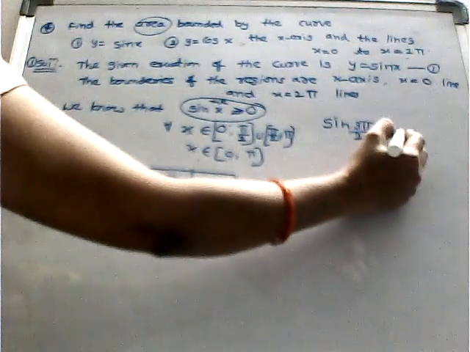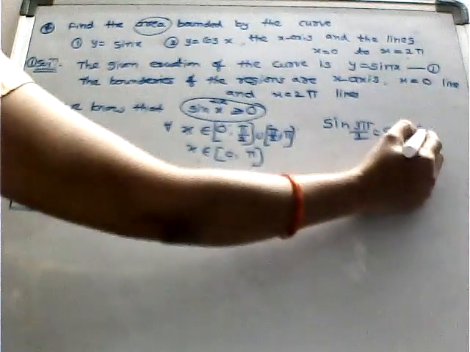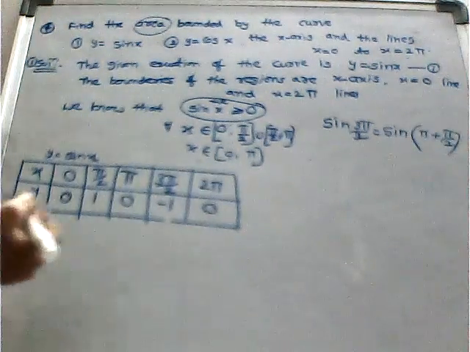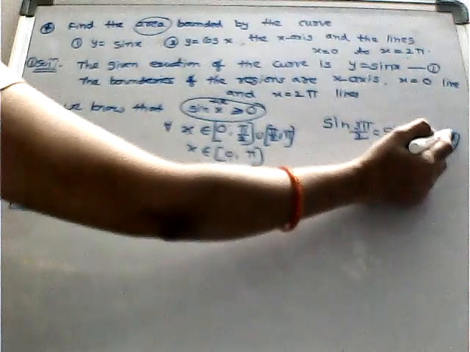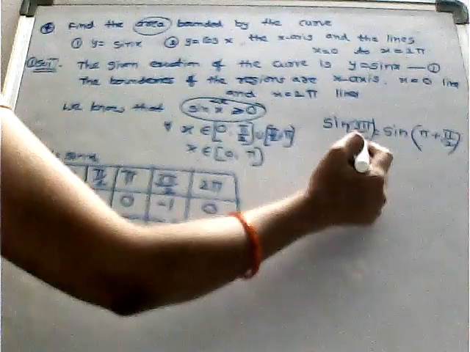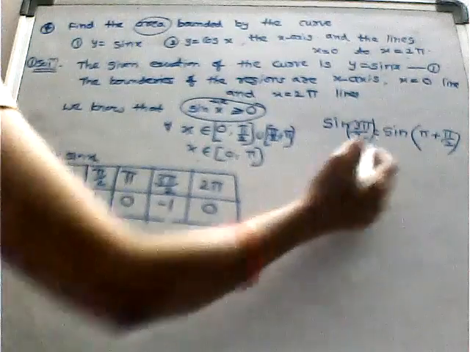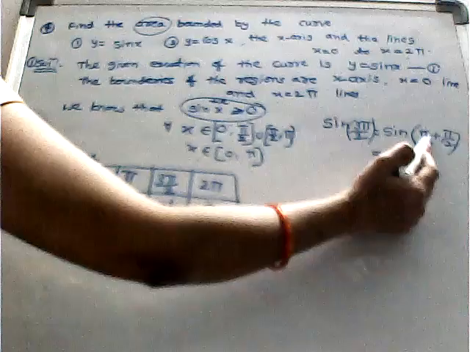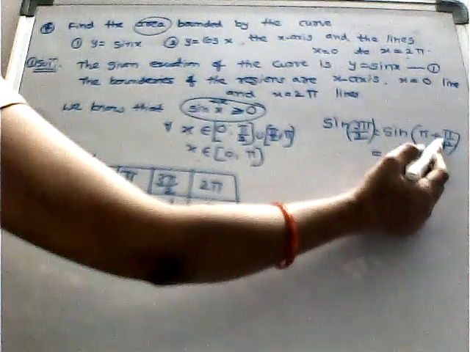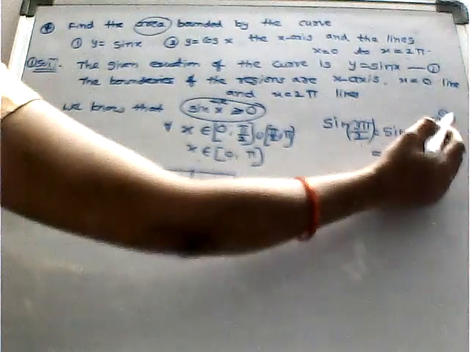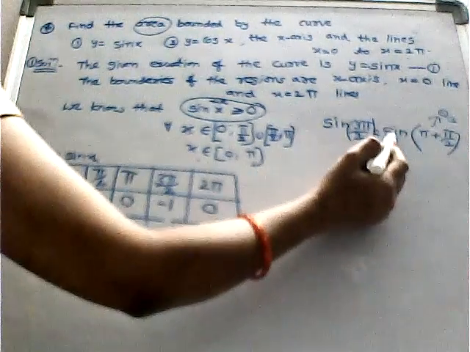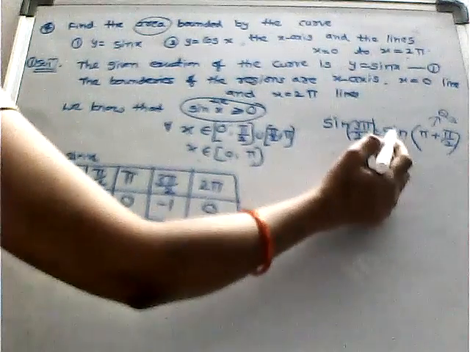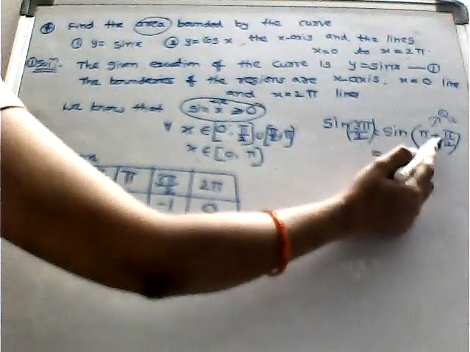Sin of 3 pi by 2 can be taken as pi plus pi by 2. Take LCM 2: pi plus pi by 2 gives 3 pi by 2. Now pi plus pi by 2 goes to the Q3 quadrant. In the Q3 quadrant, sin functions are taken as negative, because sin function is positive only in Q1 and Q2.